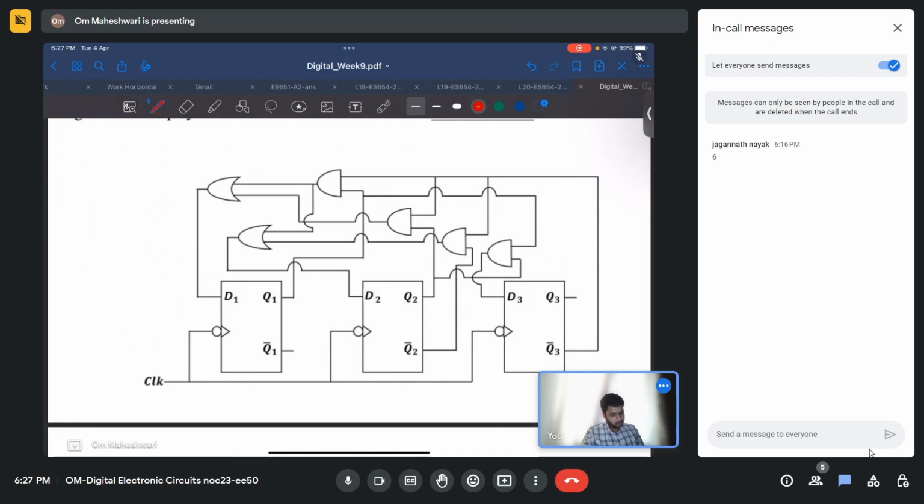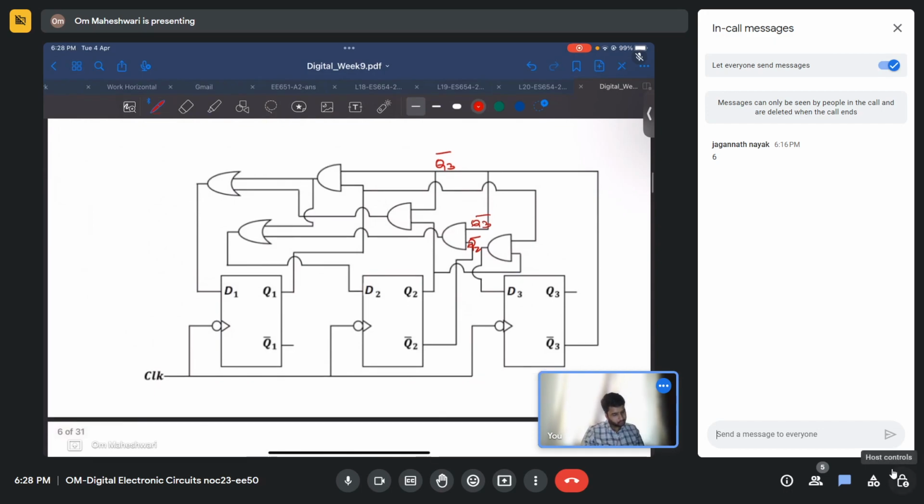This is Q3 bar, and this is Q2 bar, Q3 bar, this is Q2, Q3 bar, this is Q1. So input here is Q1, Q2.